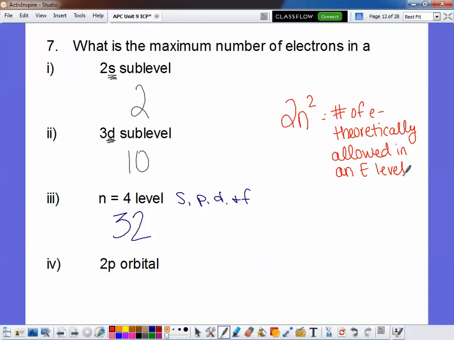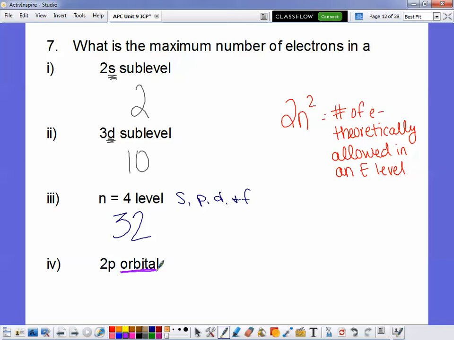Okay. All right, and what about the 2p orbital? How many of you think it's 6? If you think it's 6, you're getting tricked. What's the key word here?